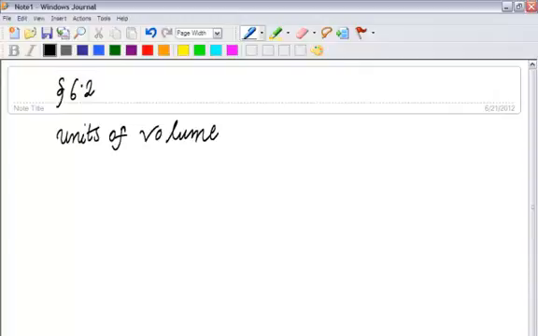So suppose that I have a box. Let's say the box is a rectangular box, and it looks like the following.